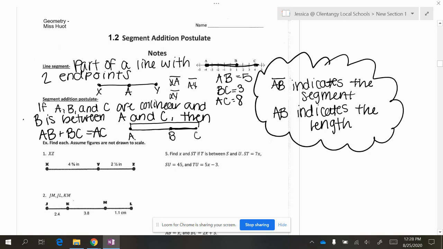Super important to know. So I like to think of this as being an object and this as being a number or length, measurement, something like that.